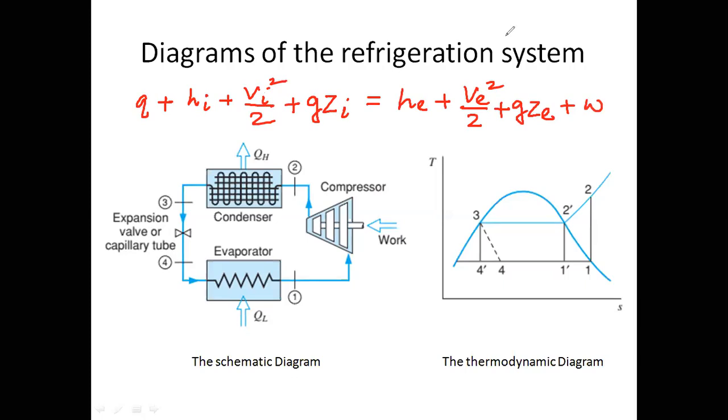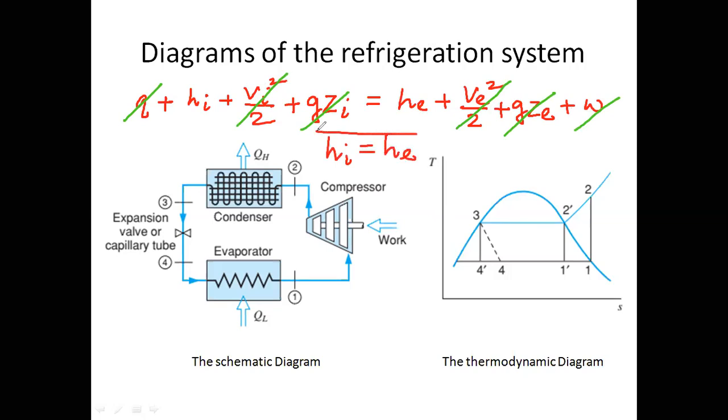Now for this device, we know that there is no change in kinetic energy, no change in potential energy. This device has no heat interaction and no work interaction. Therefore, the first law or the energy conservation gives hi = he.